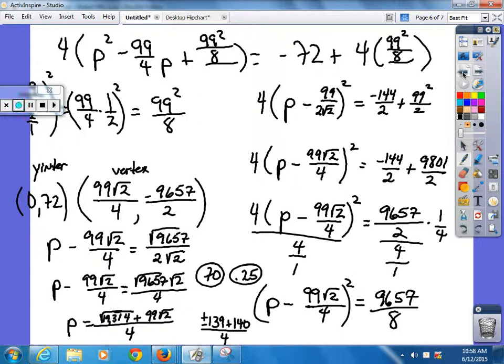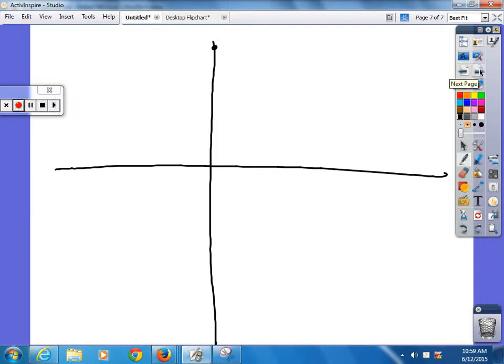Negative 9, 6, 5, 7. Negative 48, 28.5. Negative 48. So what is this? No, it's 4,828. And that's 35. Okay, so we got to go 35 and negative way down.